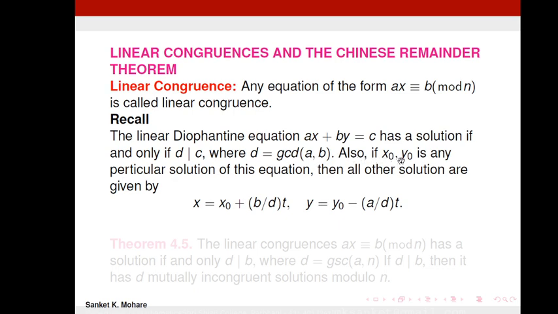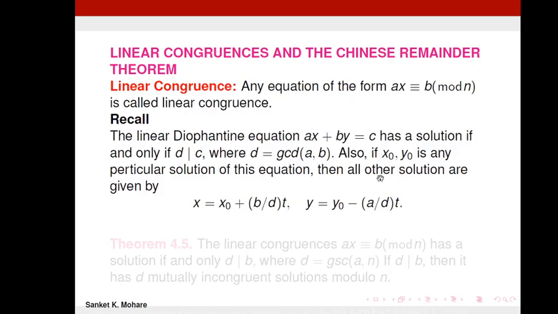Also, if x0 and y0 are a particular solution of the equation ax + by = c, then all other solutions are given by x = x0 + (b/d)t, y = y0 − (a/d)t.